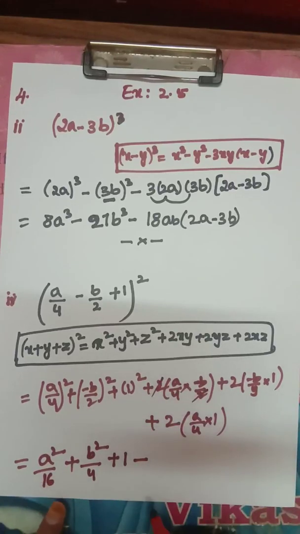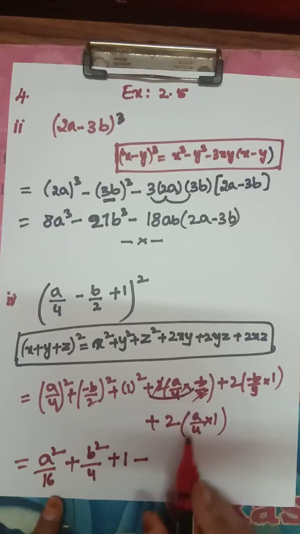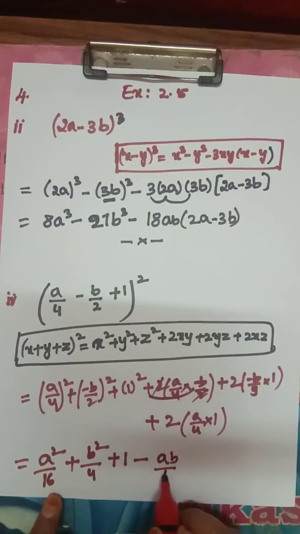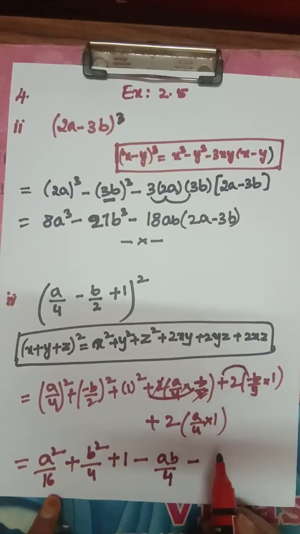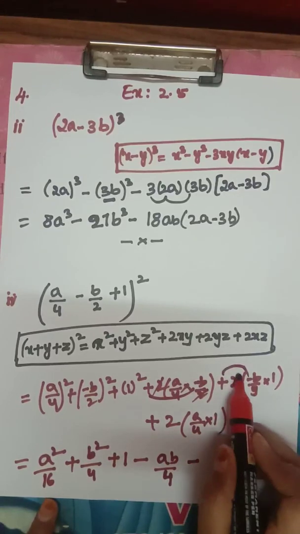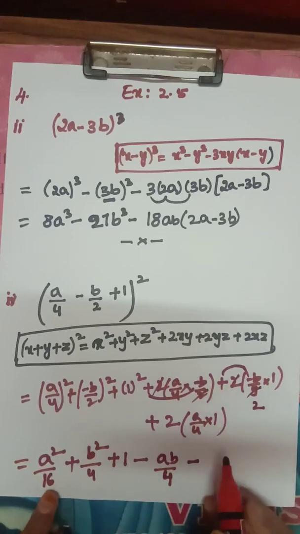see this 2 and this 2 we can cancel, plus minus is minus ab by 4, plus minus is minus, 2 1s are 2, 2 2s are 4.